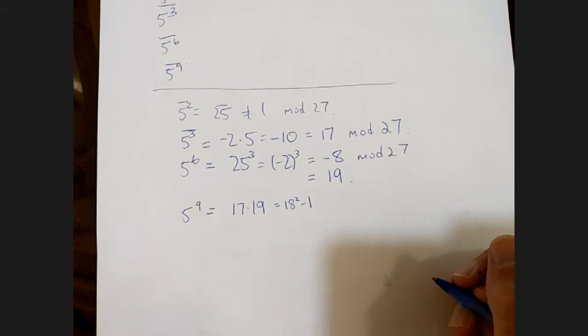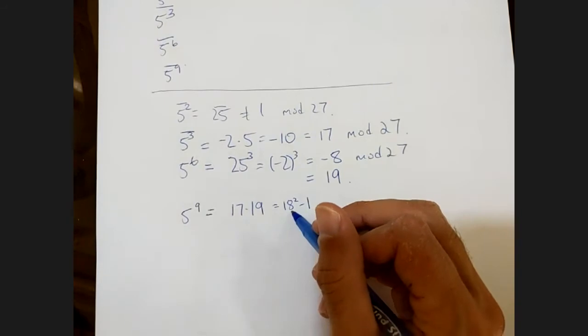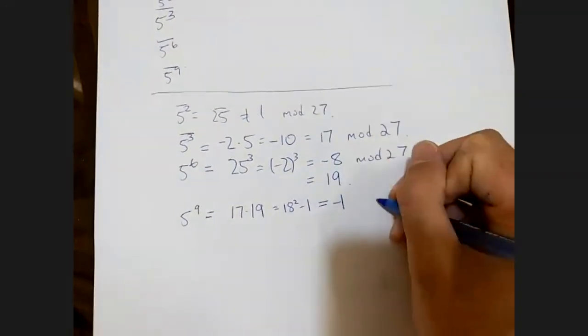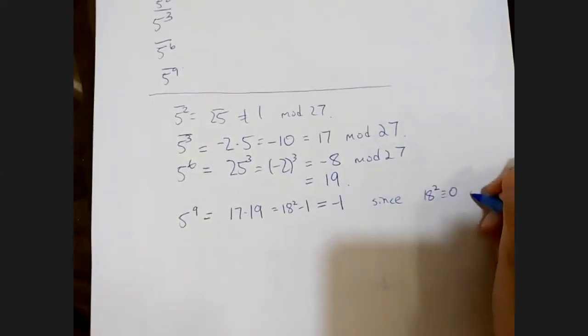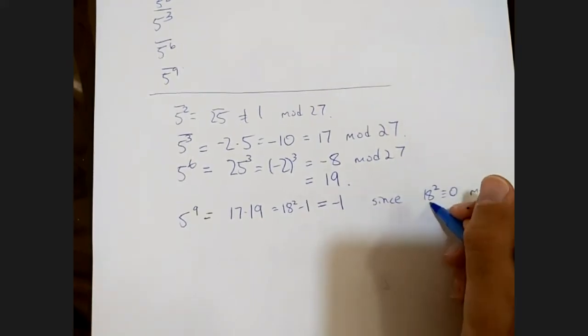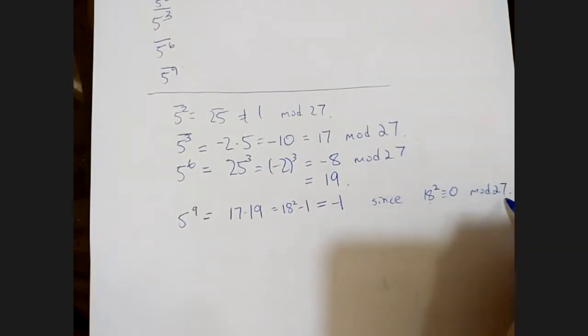Right, now mod 27, 18 squared will be 0, so this will just be -1, because 18 squared has a factor of 9 squared, and 9 squared is divisible by 27.